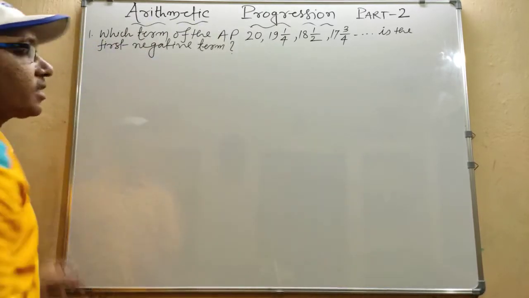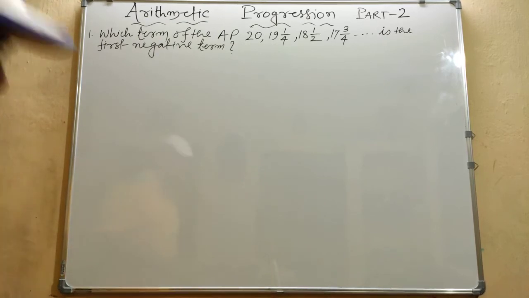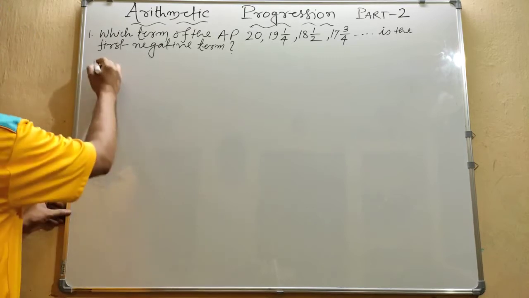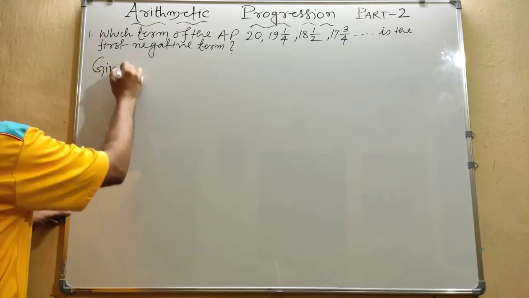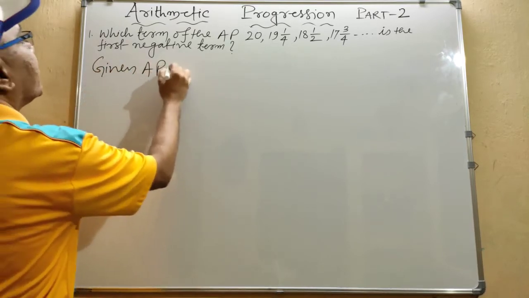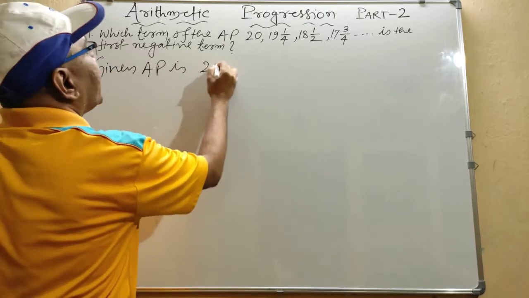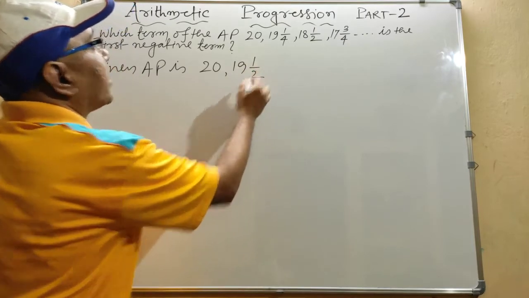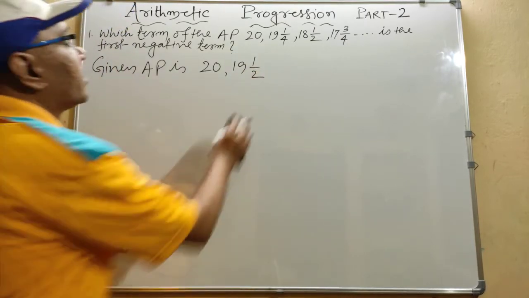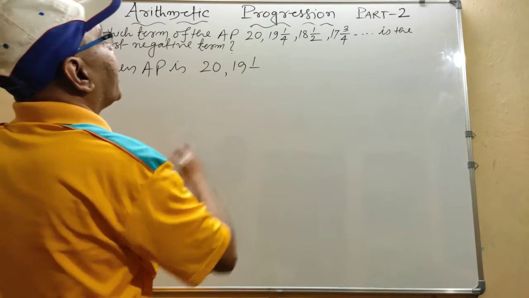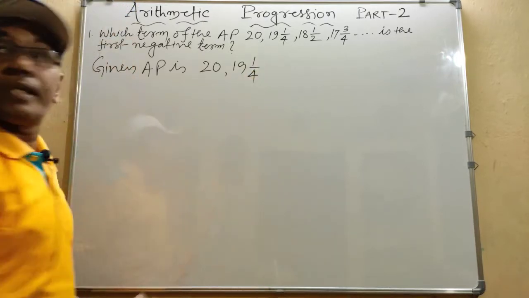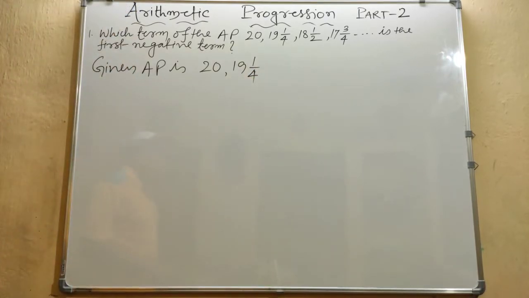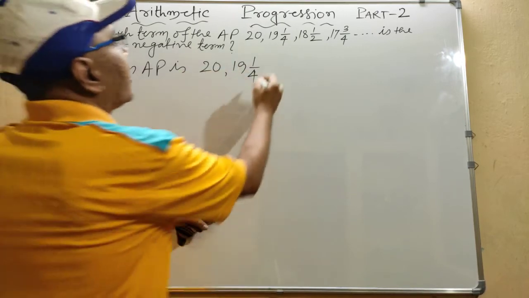See, the given AP is 20, second term 19 1/4. Obviously 19 1/4 is less than 20.